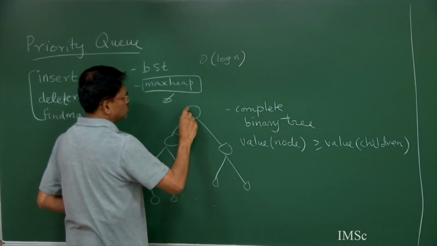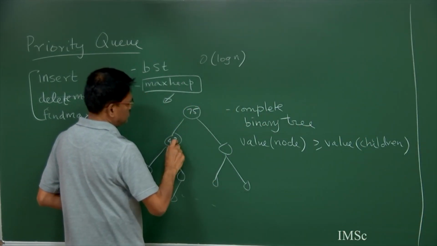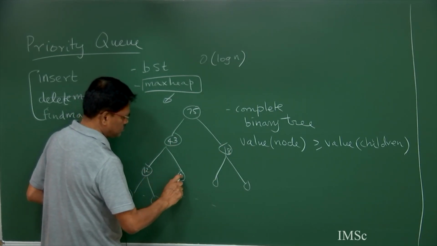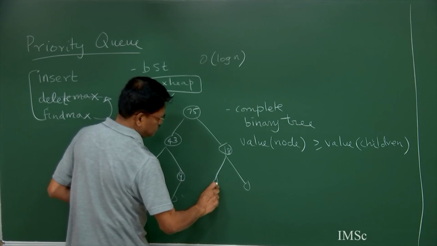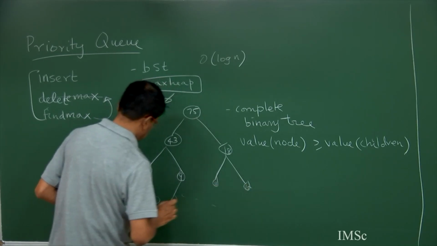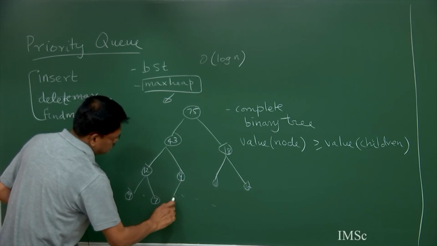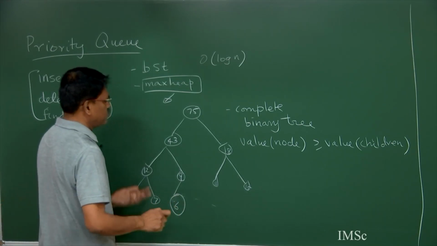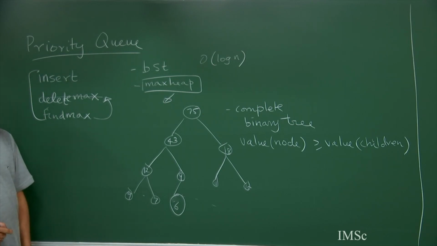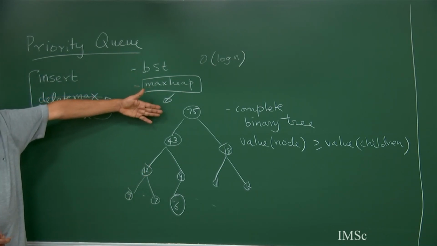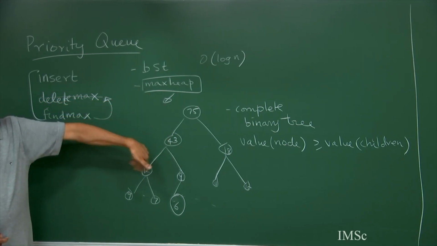Okay, so this would be a max heap. It's a complete binary tree structurally, and for any node, the value of the node is larger than or equal to its children.